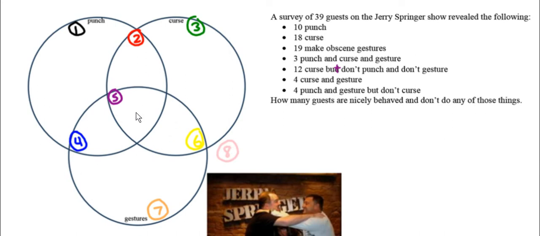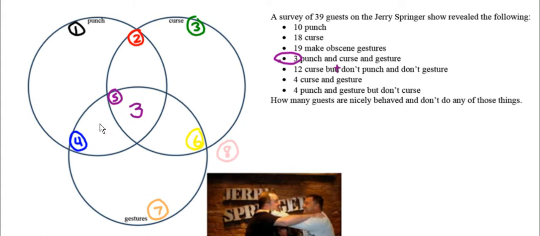So once again, you want to work your way inside out. So we want to start here with section 5. So it says here, 3 people punch and curse and gesture. So 3 goes in section 5. So start in the middle if you can.